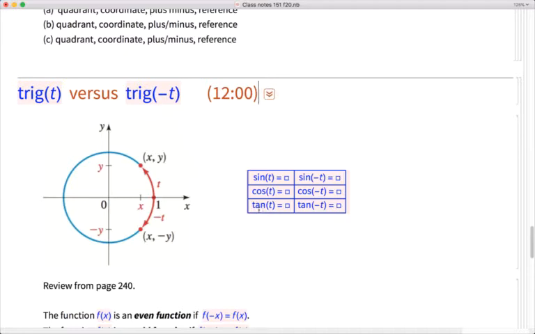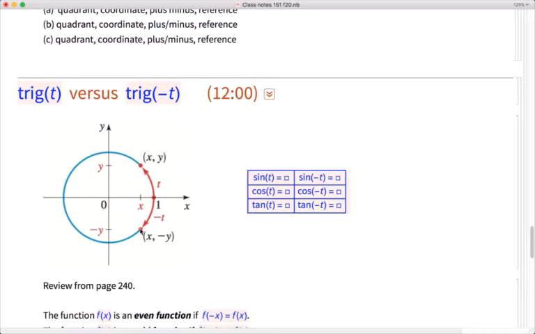Okay, so what we're going to look at now is taking trig of a number versus trig of the opposite of that number. In our current context, remember the sine of t is the y coordinate of the point you wind up at if you travel a distance of t.